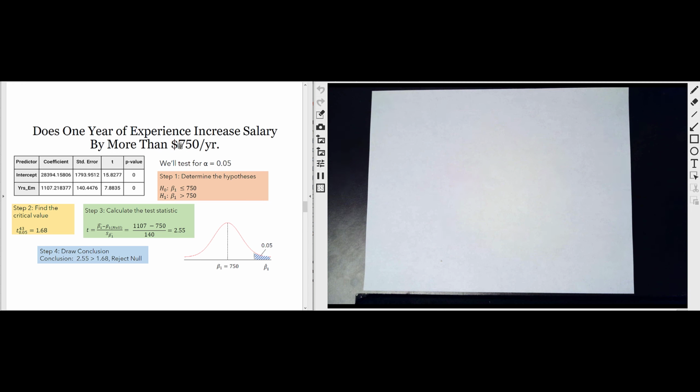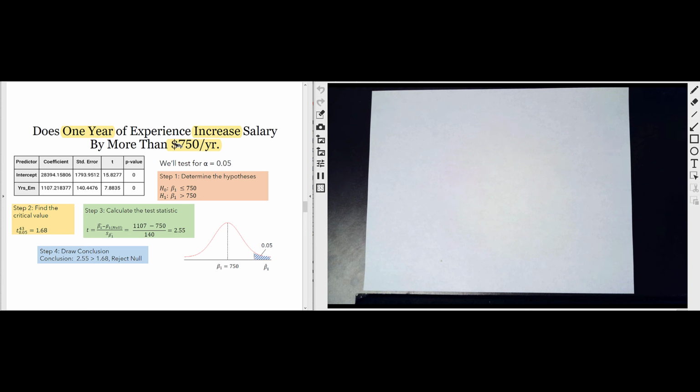Let's try a different one. This time, we're going to ask whether a year of additional experience increases salary by more than $750 per year. In this case, the t-values in our table are not going to help us because the t-values in the table assume that our null hypothesis is that the slope is 0.